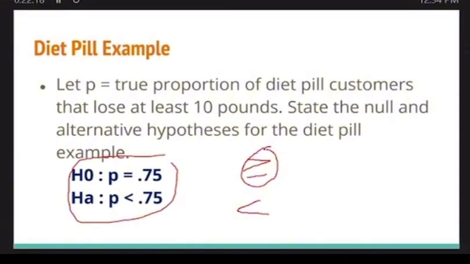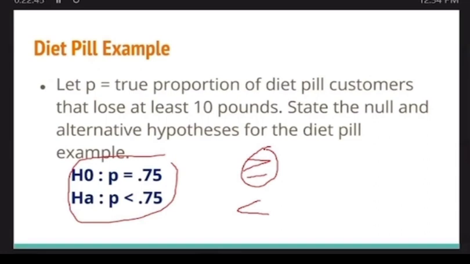We normally like writing the equality sign in the null hypothesis. But based on this question right now, it is greater or equal. But we normally like writing equality, okay? And if I know this for the null, the opposite or the complement of that would be the alternative. That is why you saw a less than sign.